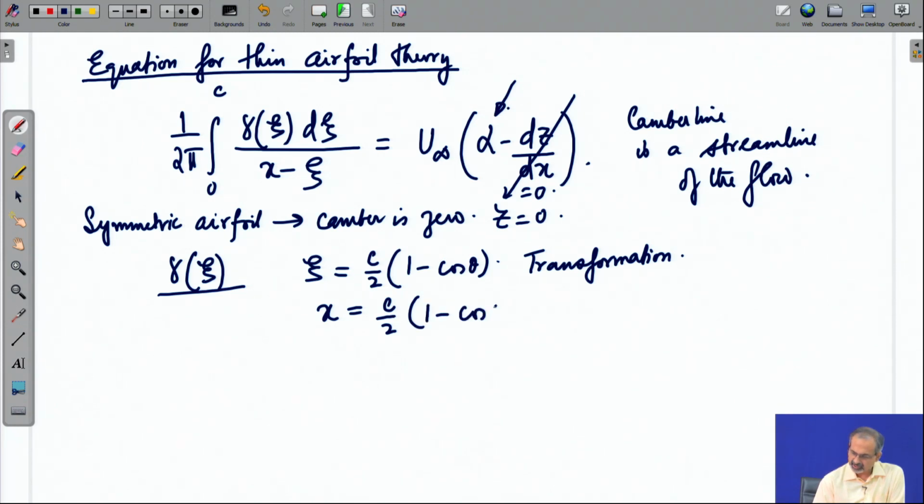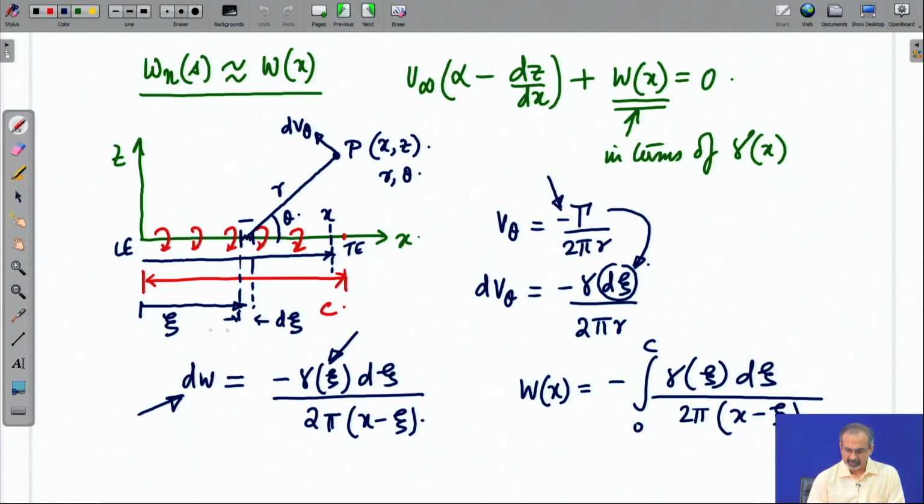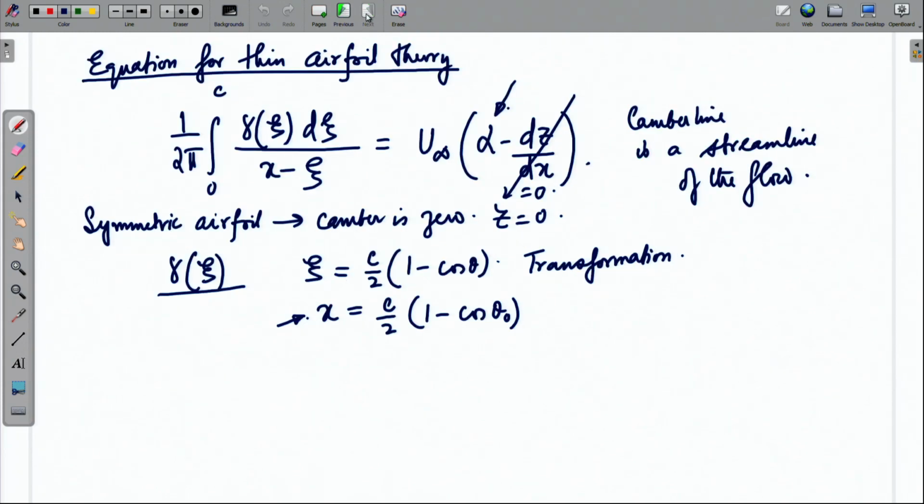A specific location along the chord will be identified as x, like we showed in the previous diagram. You may recall that x was a specific location on the chord, and for that the corresponding value of theta is a specific value theta naught, while theta is for a general location.